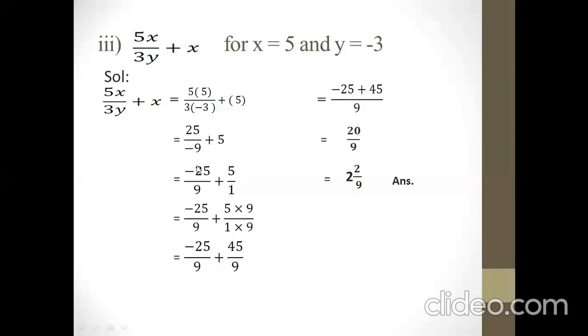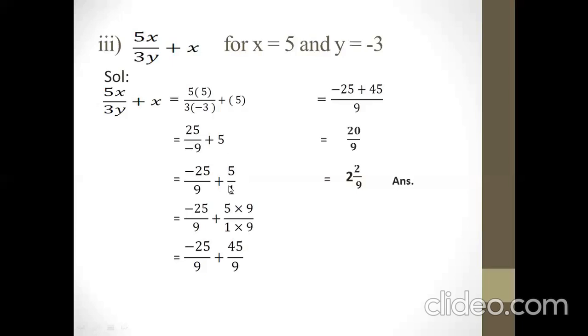Now next step, -25 upon 9 plus. Can we write 5 like this, 5 upon 1? Yes, because every constant can be written in the form of a fraction, as every number has 1 in the denominator, right?